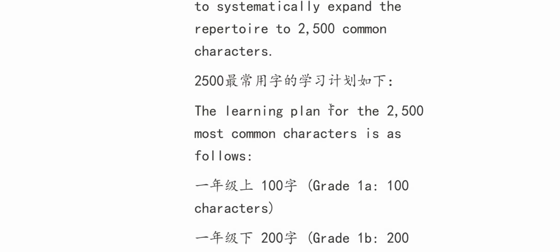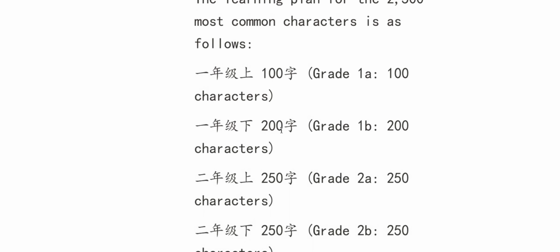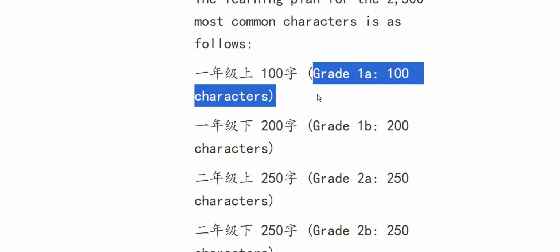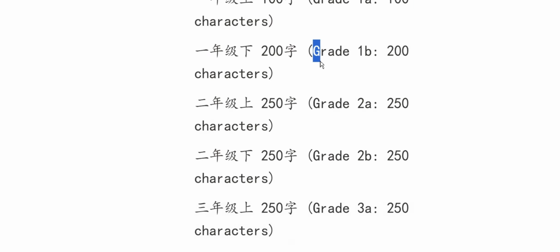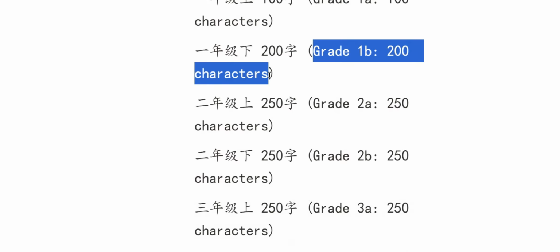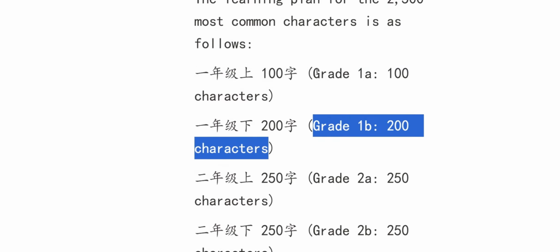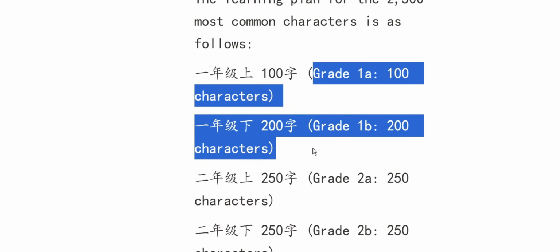The learning plan for these 2,500 most common characters is as below. Grade 1A, 100 simple characters. Grade 1B, 200 simple characters. So in grade 1, we will learn 300 very basic Chinese characters.